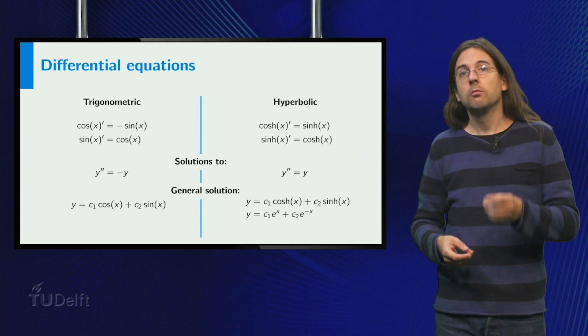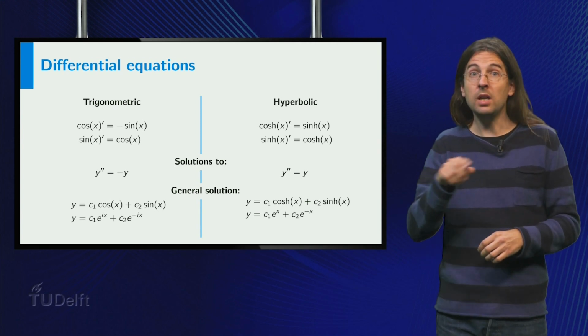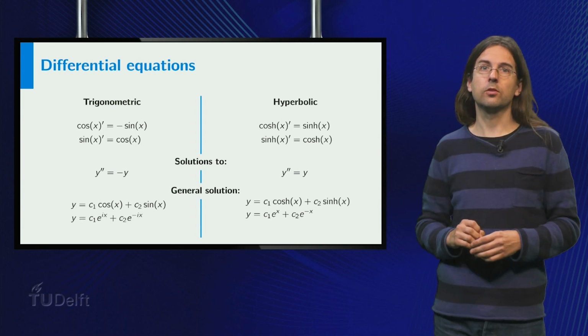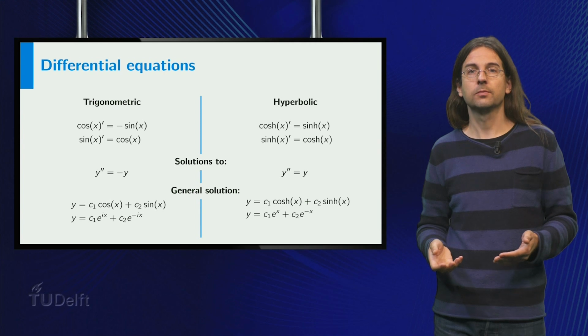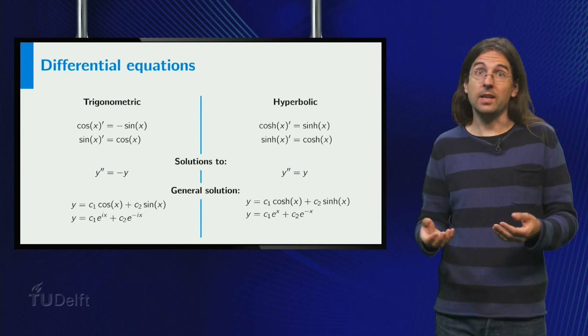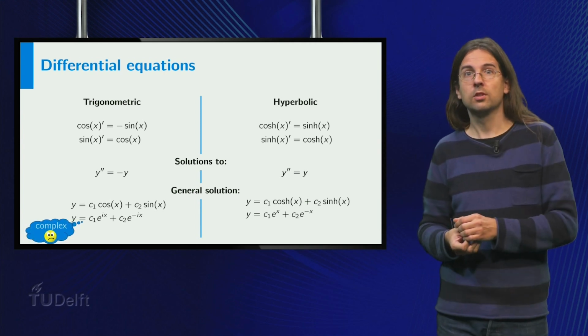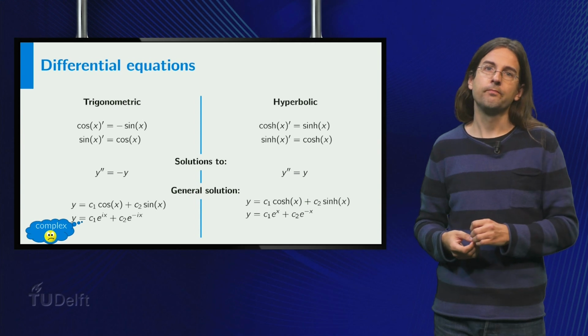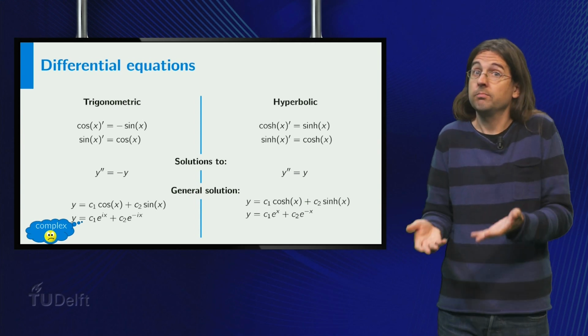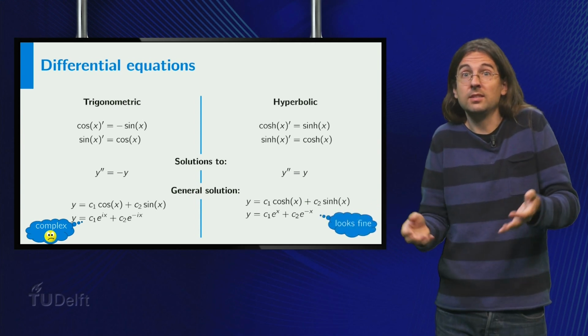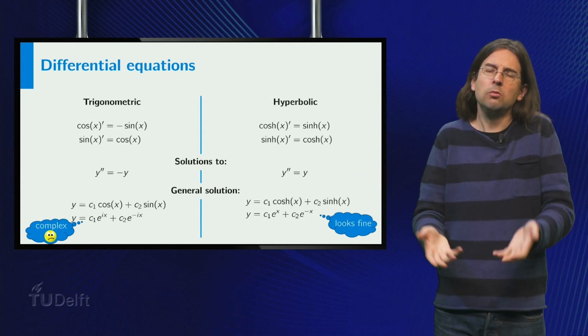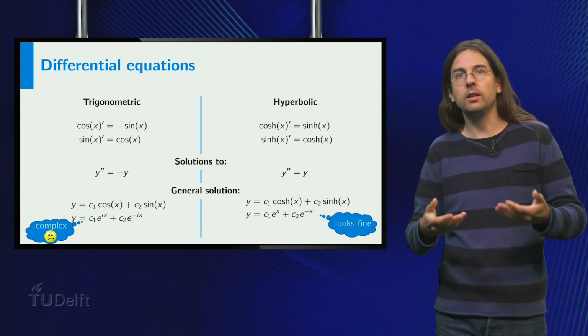However, recall that for y'' = -y, we also had a solution in terms of exponential functions. In the trigonometric case, these were complex exponentials, and thus we do not want to use them. However, the functions e^x and e^(-x) are nice and simple, so why consider a different way of writing these solutions?